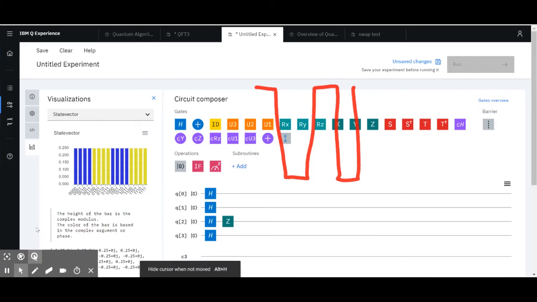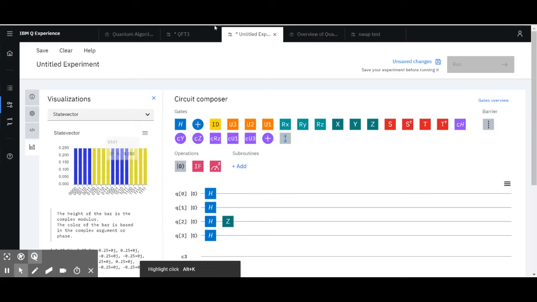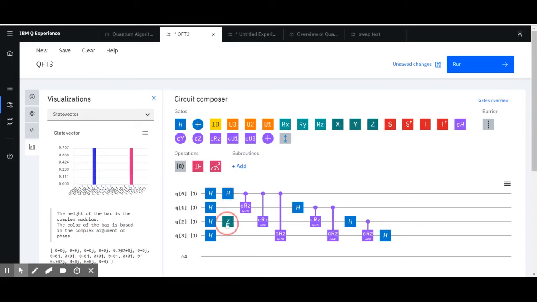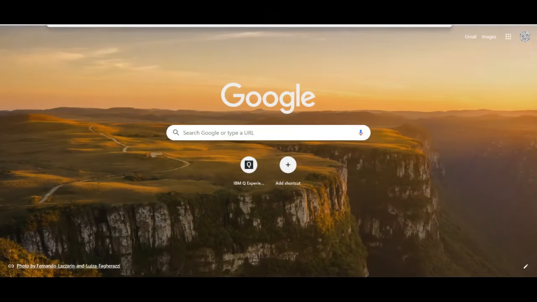And so if I do this here and I add the Z here, so this is the result of 4, and what is 2 in decimal?